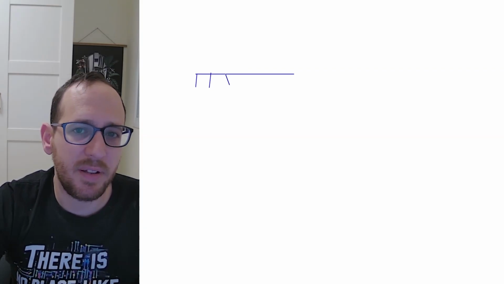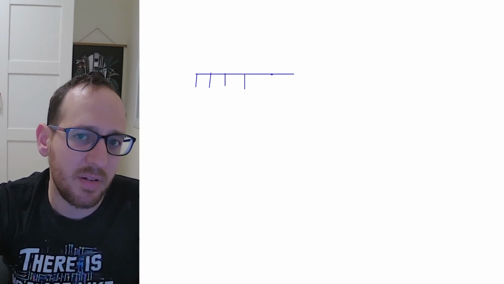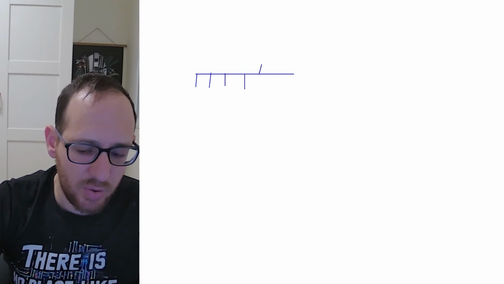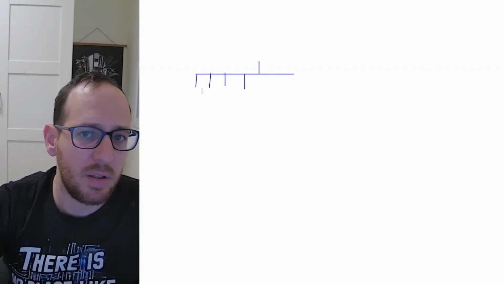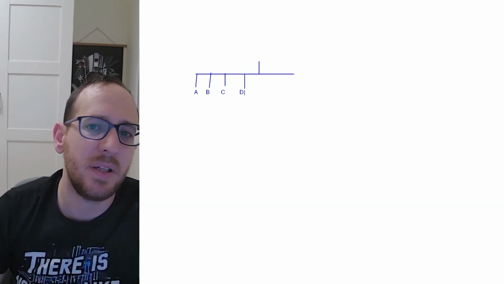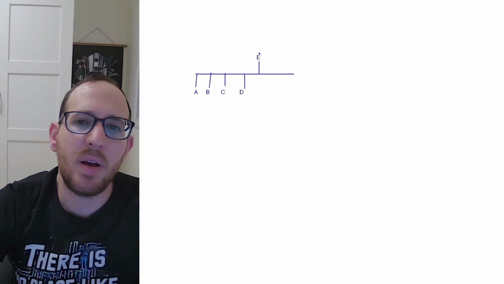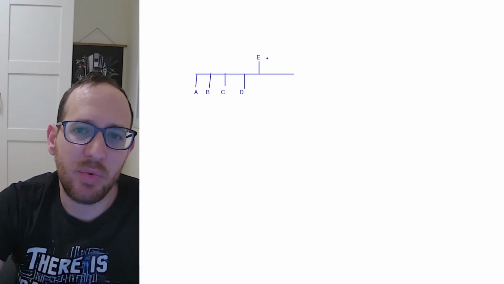For simplicity, I'm not even going to draw an Ethernet switch here or something. So we have a few stations here. We have A, B, C, D, and E. And now A wants to know its IP address.